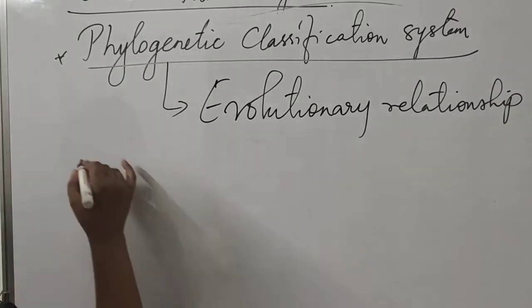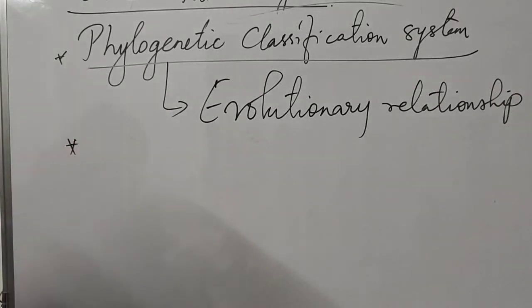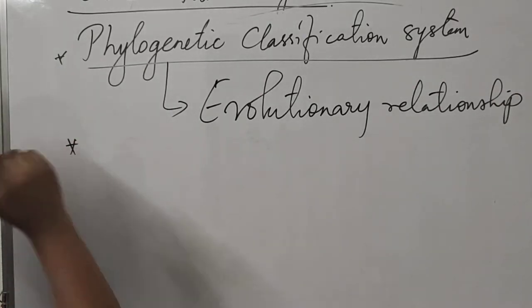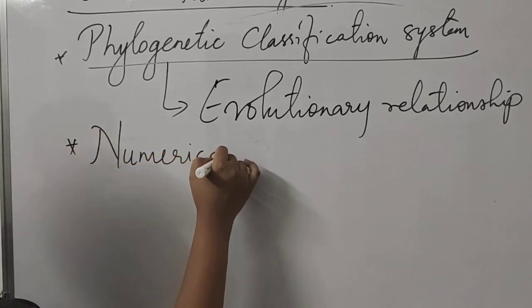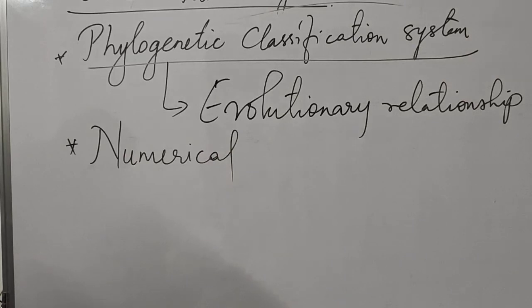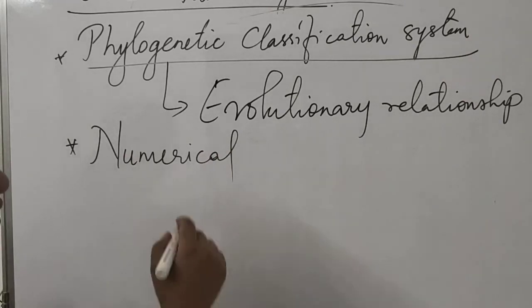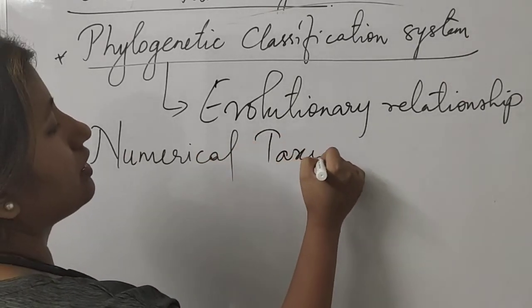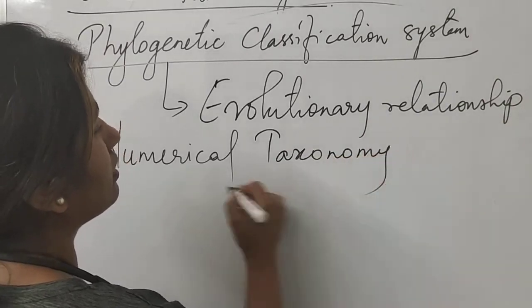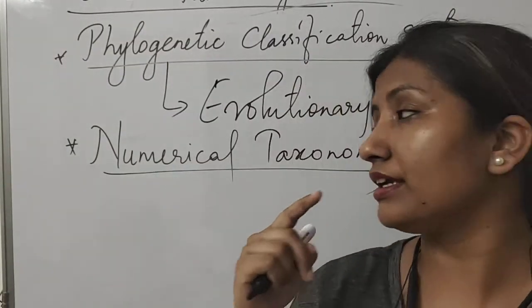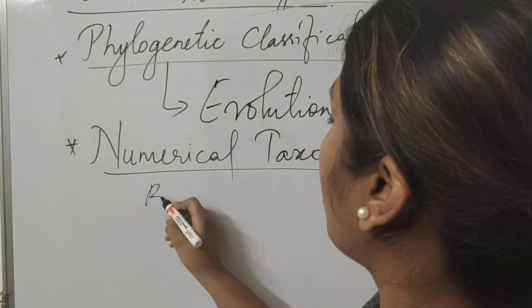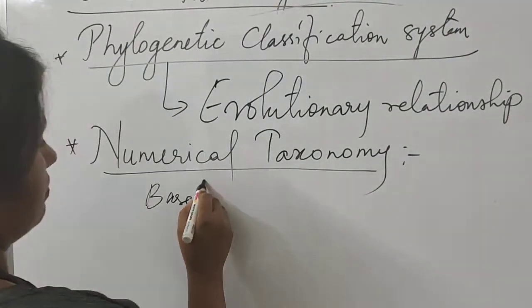Alright, the next system is numerical taxonomy. Numerical taxonomy is based on numbers and codes.